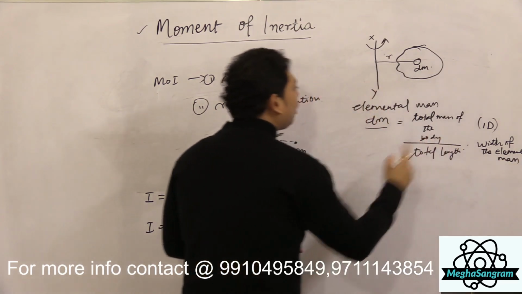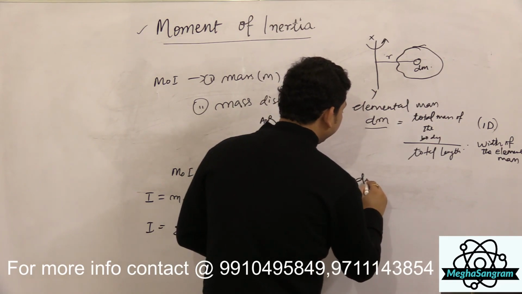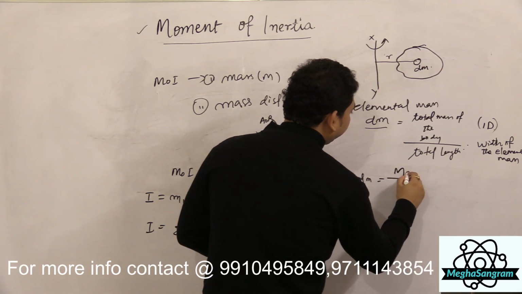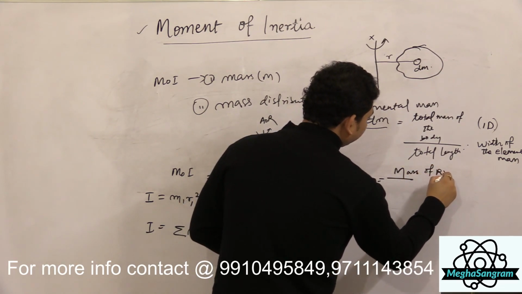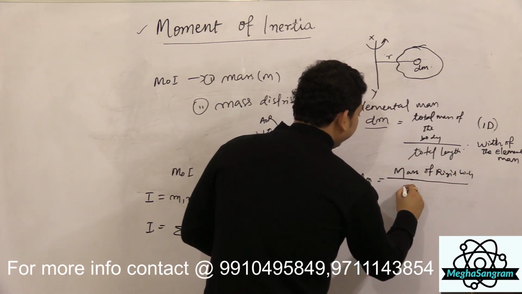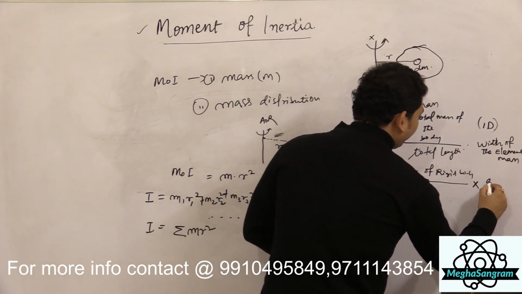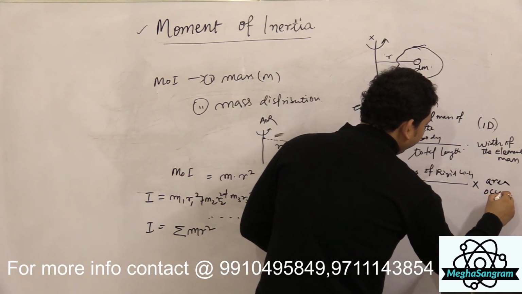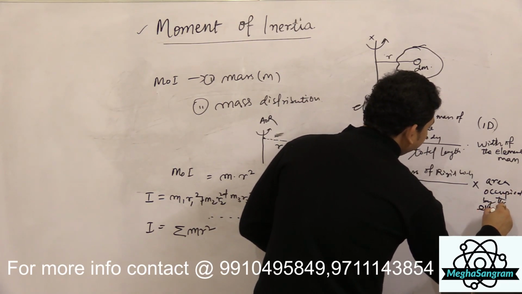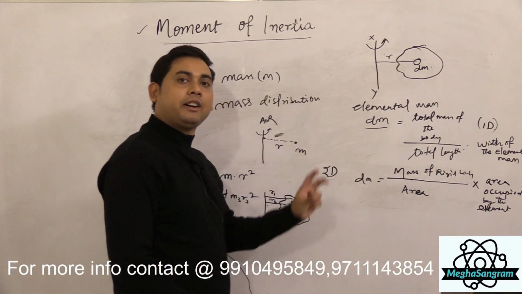So this is the formula for one dimensional bodies. For two dimensional bodies, elemental mass dm can be written as the total mass of the rigid body divided by area of the rigid body, multiplied by area occupied by the elemental mass. So by following these formulae, we can calculate the elemental mass of a rigid body.